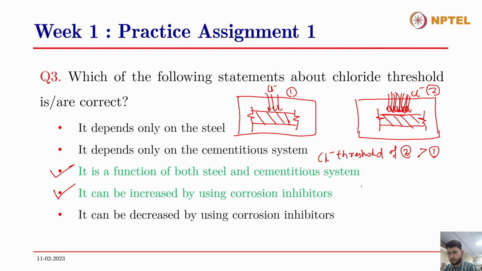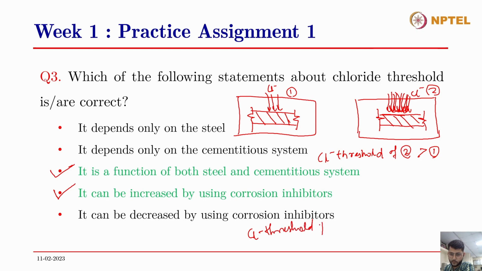That will be an initiation phase wherein no corrosion is happening, but it is in process. Once it starts getting corroded, that will be the propagation phase. Beyond the propagation phase, once the threshold damage level is crossed, we will have to provide certain repair or rehabilitation measures to the structure. So the chloride threshold is related to lengthening the initiation phase.